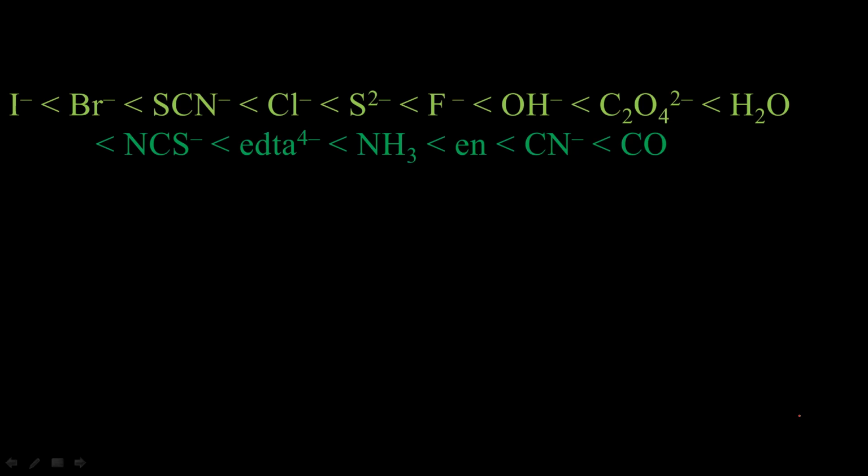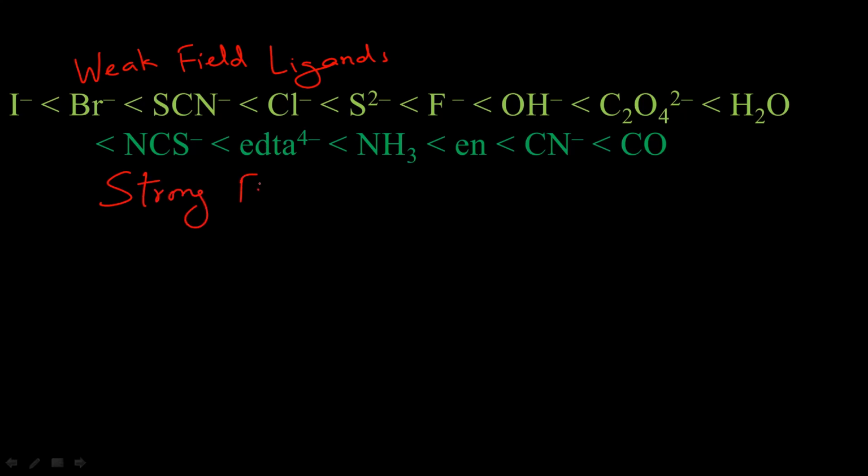If I am talking about the top row, these are in increasing order, and these are called weak field ligands. And the ones in the dark color are strong field ligands.